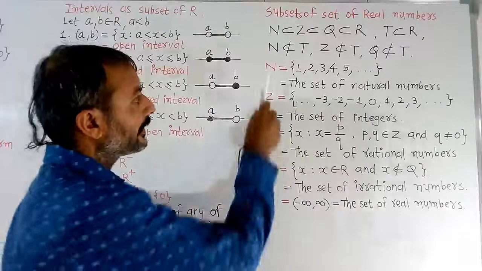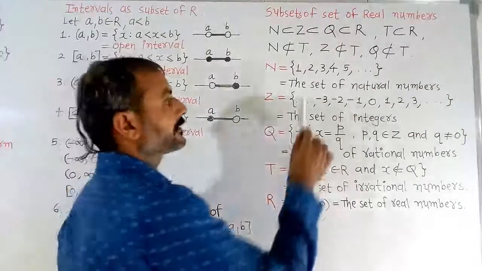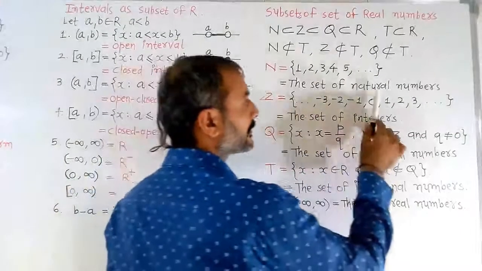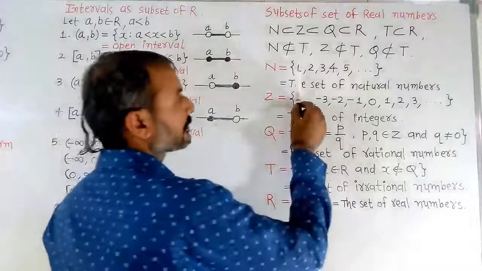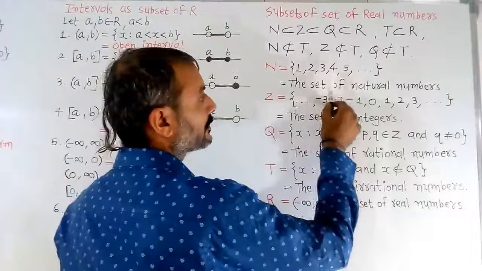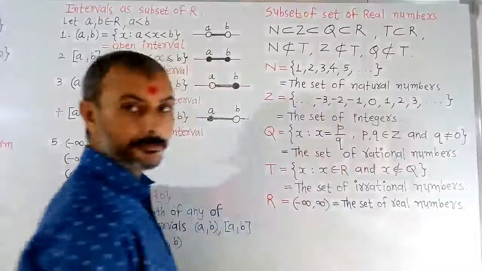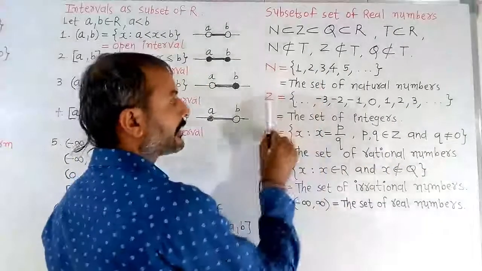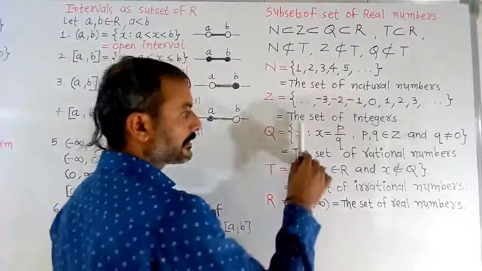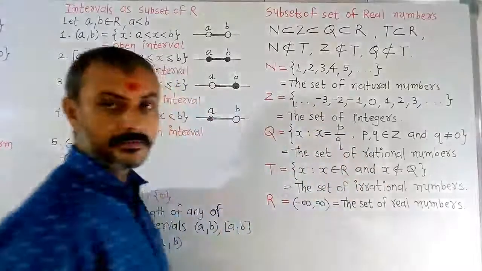What is capital N? You know, capital N is the set of natural numbers, and the numbers are 1, 2, 3, 4, 5 and so on to infinity. Okay. And what is the set Z? Z is the set of integers.